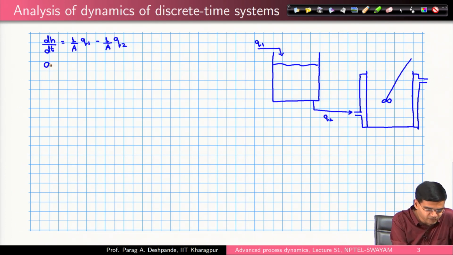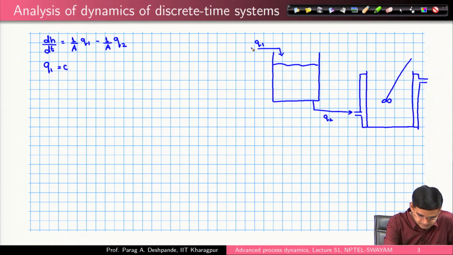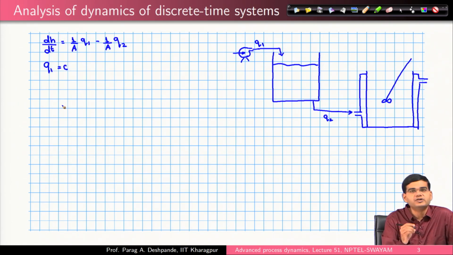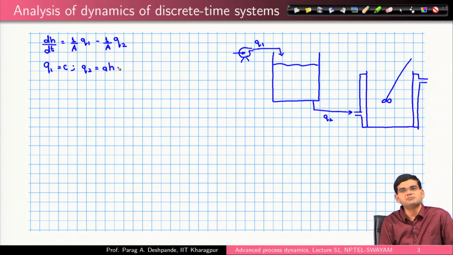So, Q1 is a constant and this constant flow rate is provided, imagine, by a centrifugal pump. Okay. Q1 is a constant and we also imagine the situation where I have a linear valve characteristic where Q2 is equal to A times H.